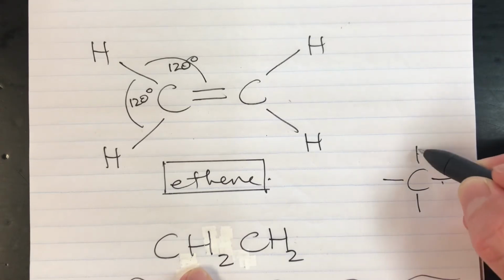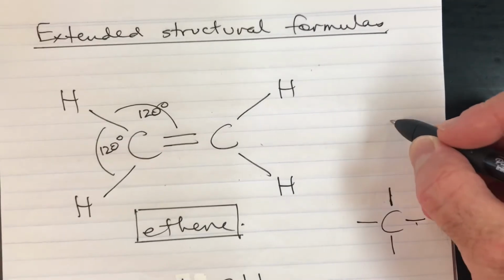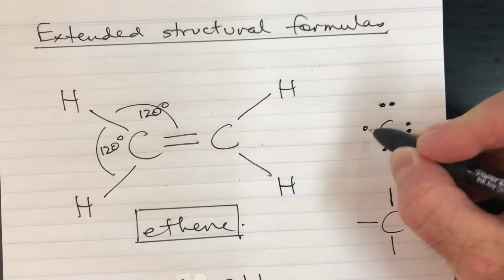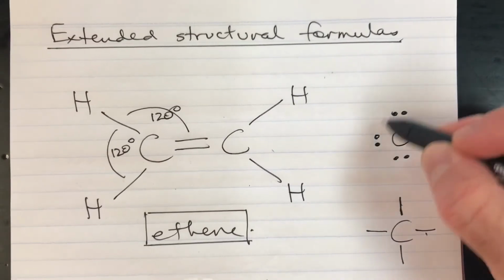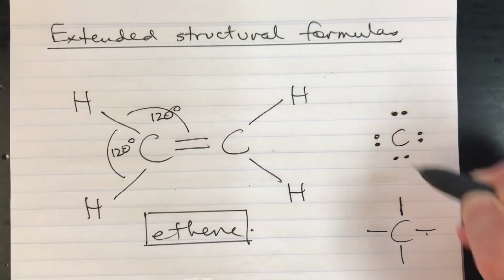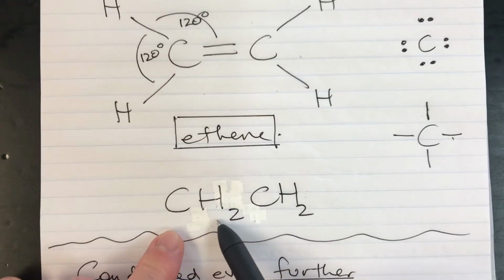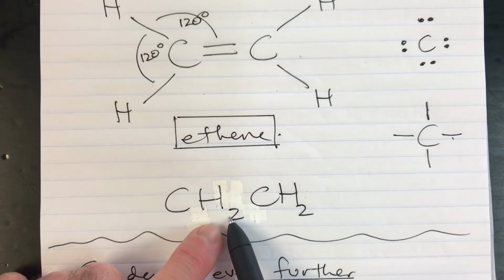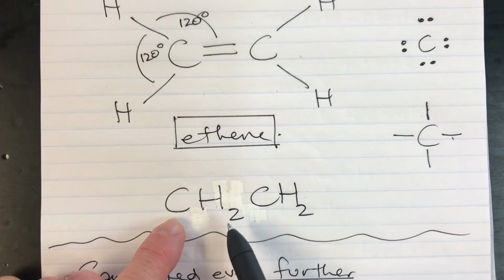Each bond is, remember, 2 electrons, making up two lots of 4, making up 8 electrons, the octet. But in this condensed structural formula for ethene, there's only 2 hydrogens for each carbon. There needs to be 1 more.